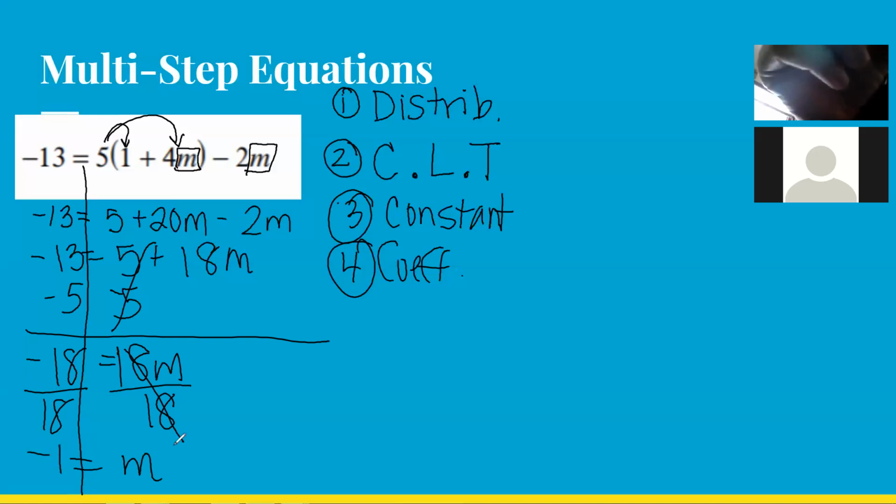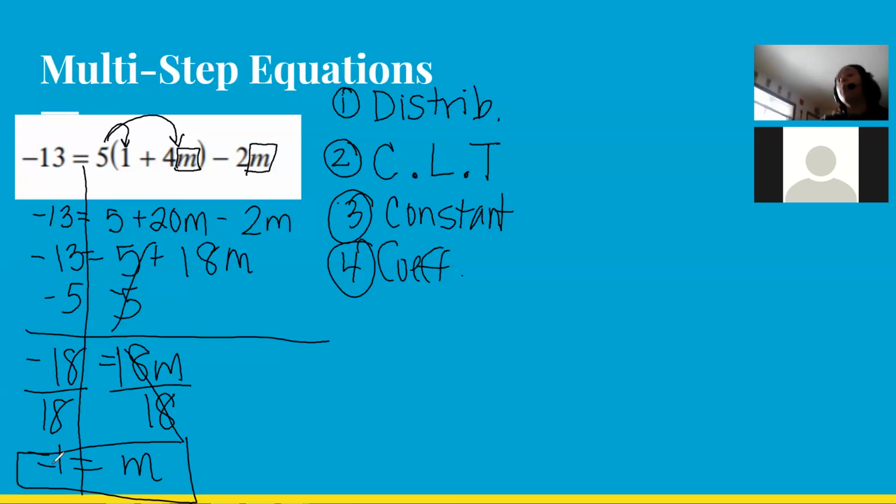That's right. Very, very good. Any questions? We would actually say negative 1, Emma, just because we're going negative 18 divided by 18. So it would definitely be negative 1. Okay, questions on this? If you have no questions, write nope.